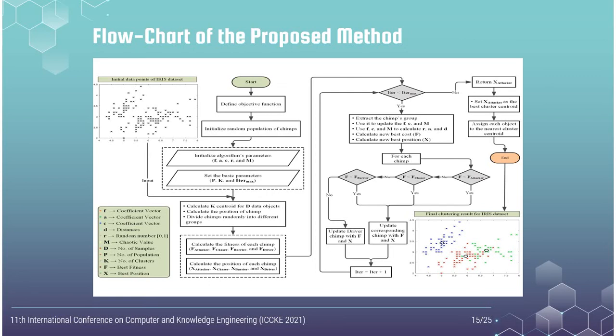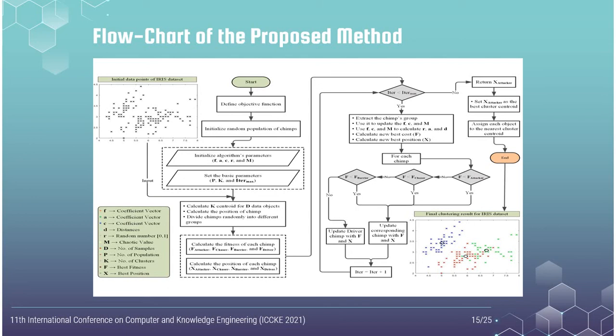Like other meta-heuristic algorithms, the chimp optimization algorithm has its own parameters that need to be tuned, including f, a, c, r, and m. Then we input the IRIS dataset, calculate the k-centroids for the data objects, calculate the position of the chimps, and randomly divide the chimps into different groups.